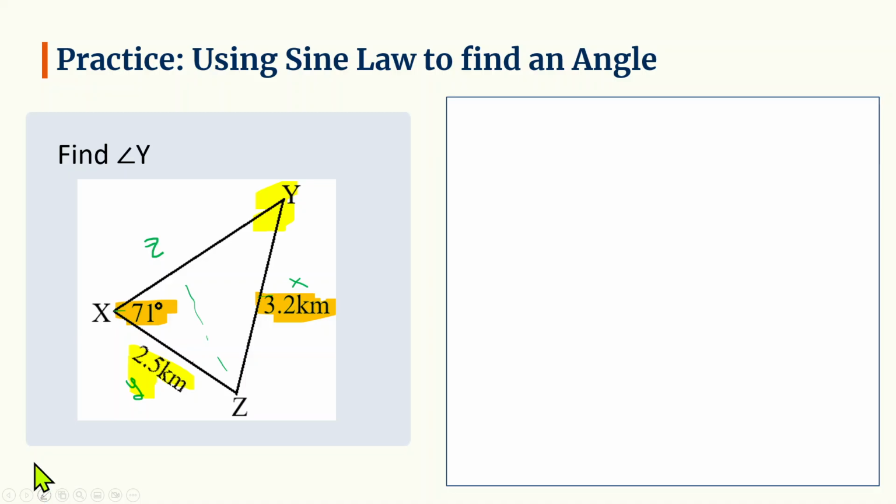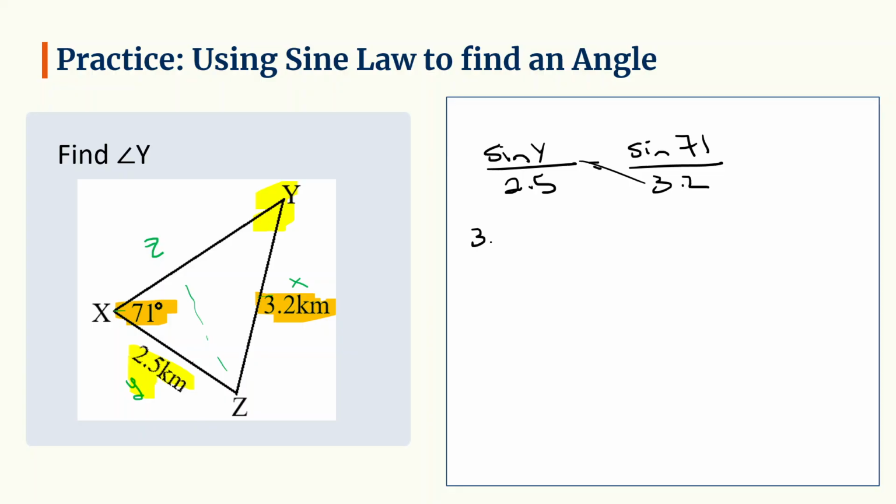So now I'm going to set up the sine law using this information. I have sine y over the side length y equals sine x over side length x. Just like before, I'm now going to cross multiply.